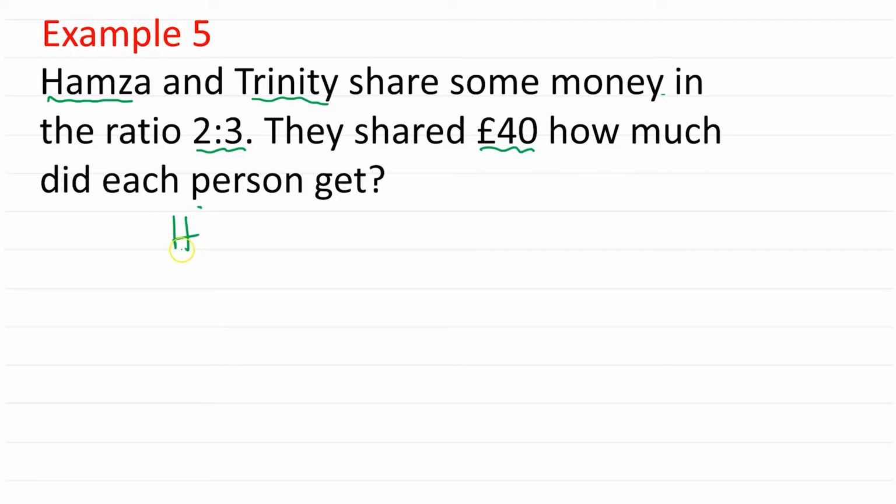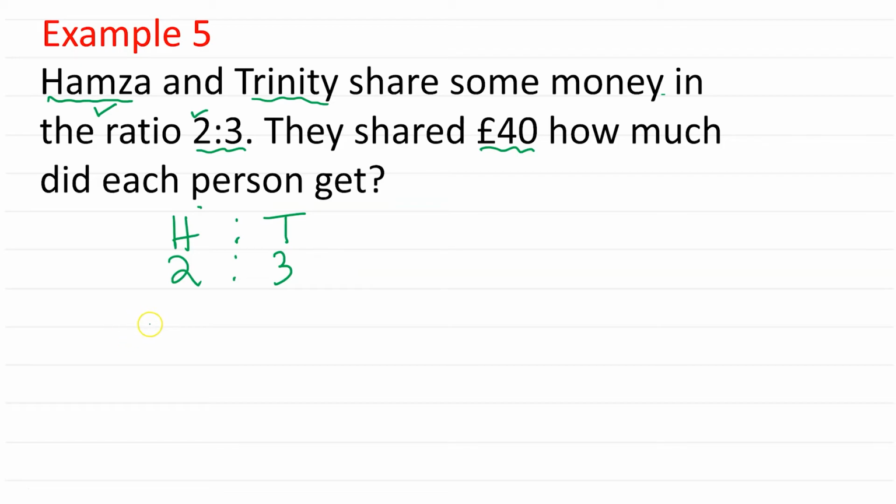So the ratio of Hamza to Trinity is 2:3. You must not write it the other way around, like 3:2, because it starts with Hamza here, and the first ratio will belong to Hamza, unless you're told otherwise somewhere in the question. But in this question, you're not told that. That means this ratio has to stay like this.